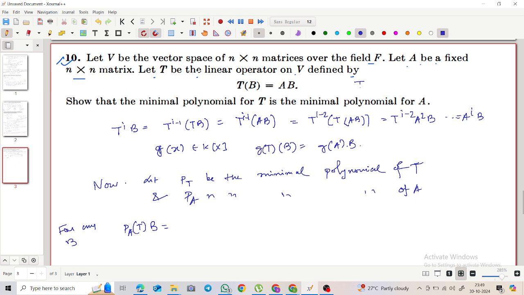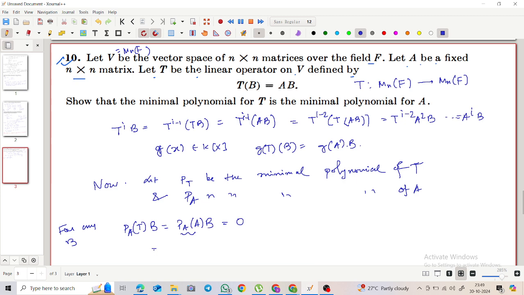First of all, T is a linear map from M_n(F) to M_n(F). M_n(F) is our V. So p_A(T) of B is p_A(A) into B, right? But this is 0, no? Because p_A is the minimal polynomial of A.